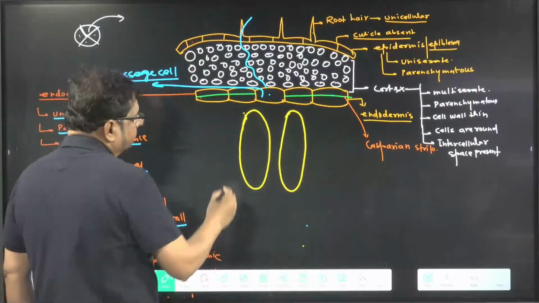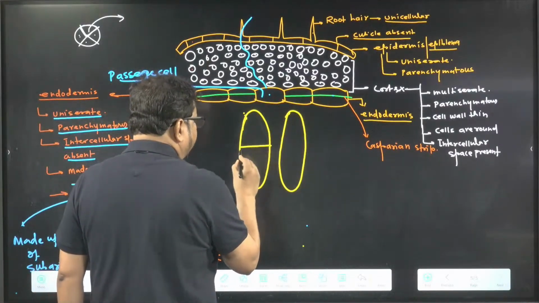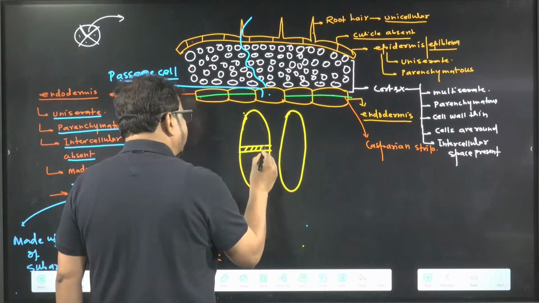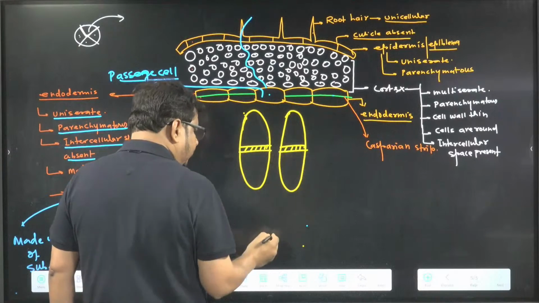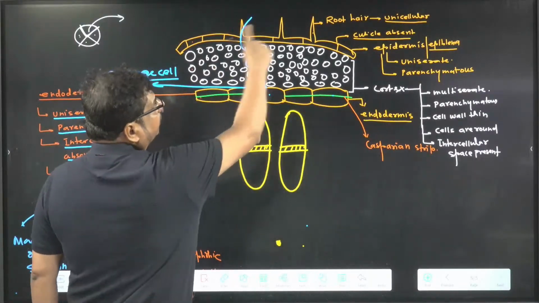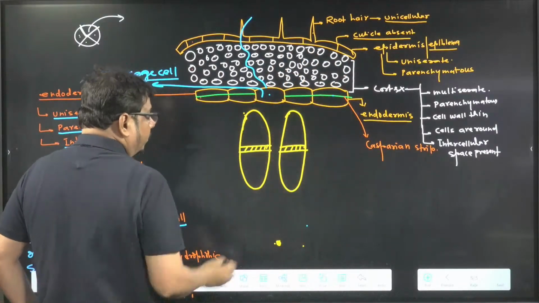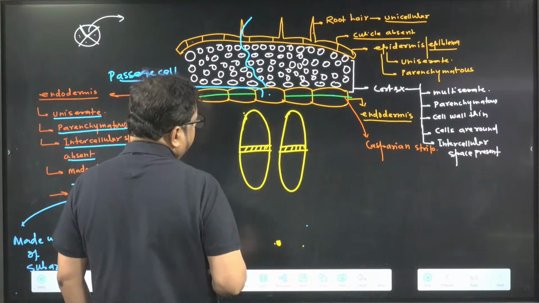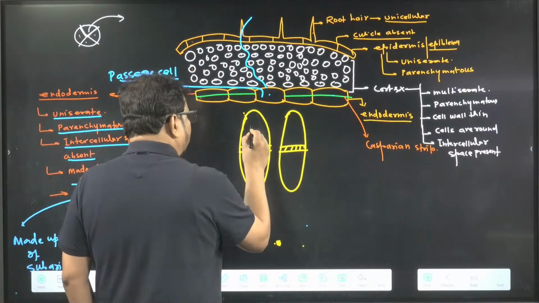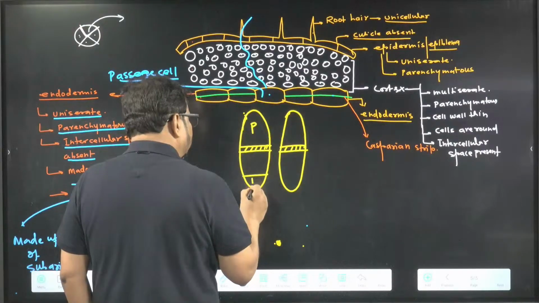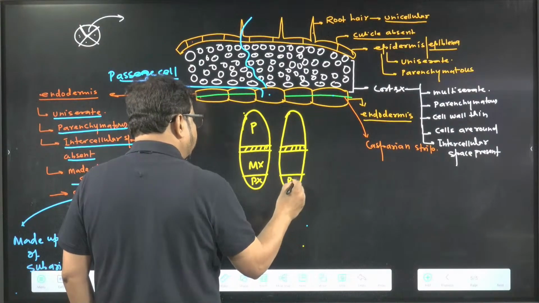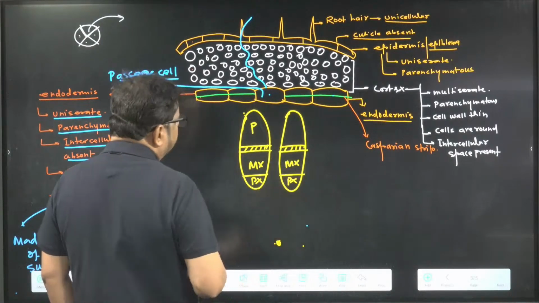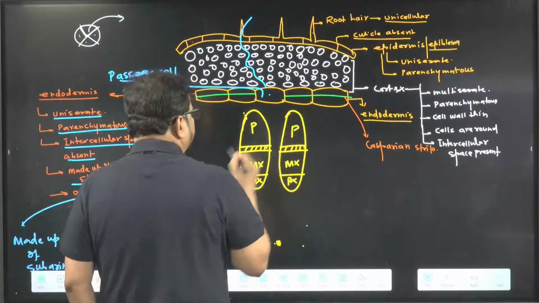In xylem, what are we finding? Both xylem and phloem are present on the same radius. Here is the center. Both xylem and phloem present on the same radius. It is phloem. It is protoxylem. It is metaxylem. Here again protoxylem. Here it is metaxylem, and this is the phloem.